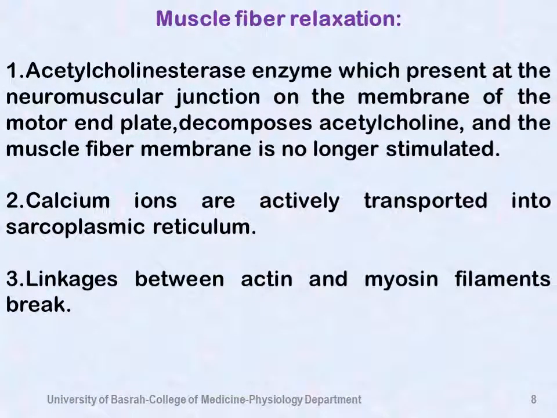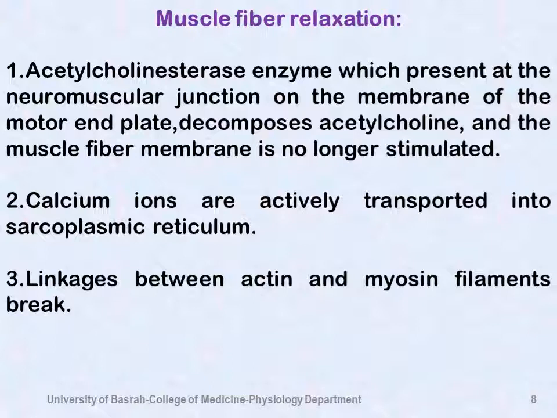After the end of the stimulus, the acetylcholine esterase or cholinesterase enzyme, present at the neuromuscular junction on the membrane of the motor end plate, is going to destroy the free acetylcholine, and the muscle fiber membrane is no longer stimulated.